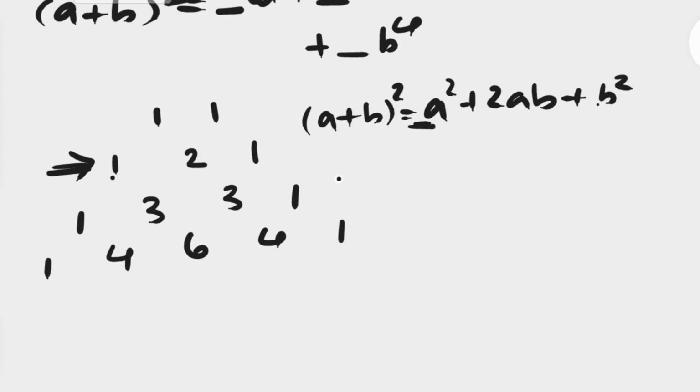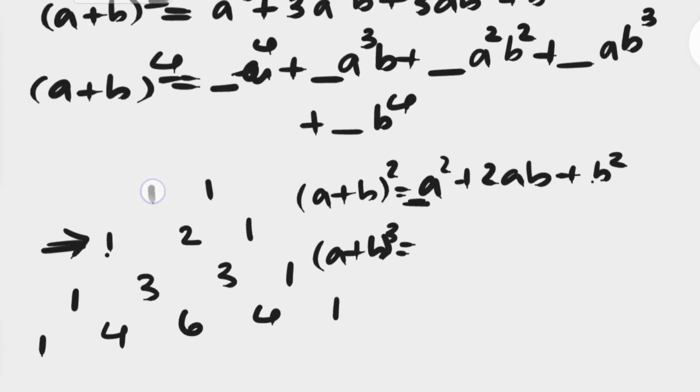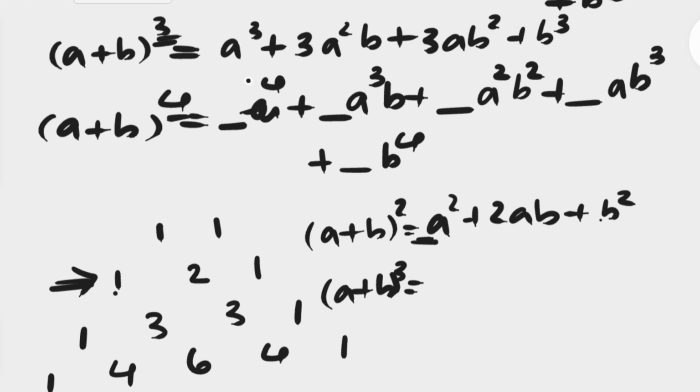Now, what about (a+b) the whole cube? Here a has coefficient 1, in this third row, third power, like (a+b) the whole cube, so watch the third row.